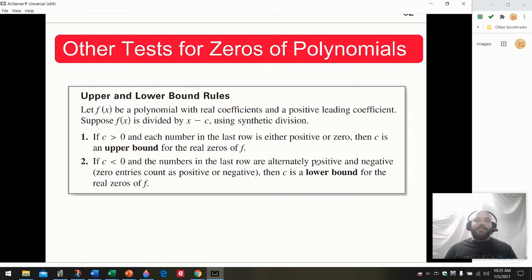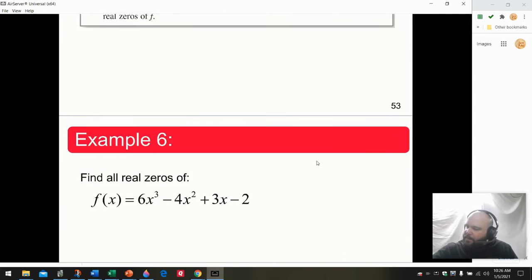And it says c, so again, the number that you're dividing by, if it's less than 0, and the numbers in the last row are alternatively positive and negative, then that number is a lower bound. And I'm going to show you how that works here in just a second.